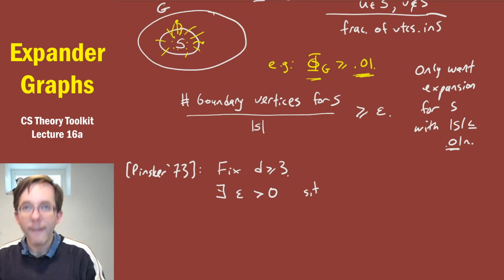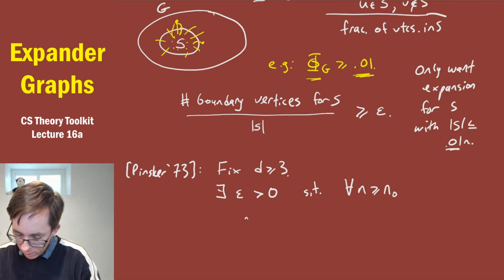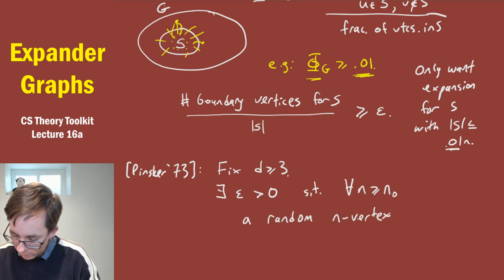Such that for all n greater than or equal to some constant n0, which also depends on d, a random n vertex d-regular graph is like an epsilon expander.